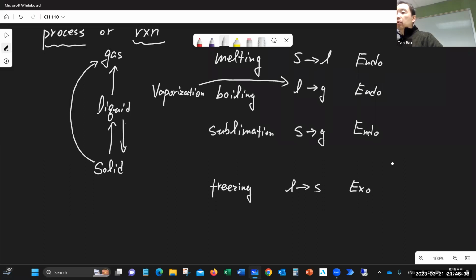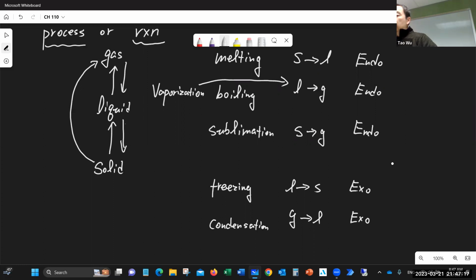And from gas to liquid, what is this phase change called? Condensation. Condensation from gas to liquid is an exothermic process. It produces the heat.